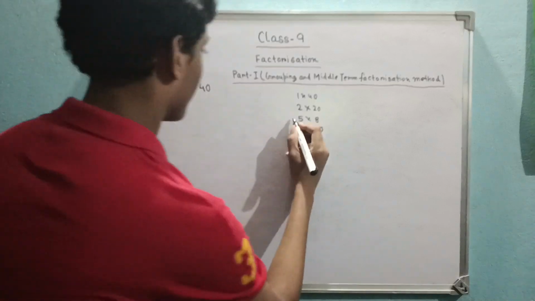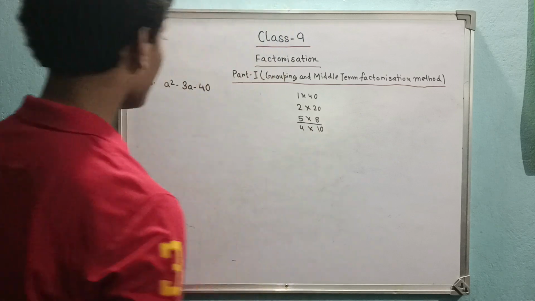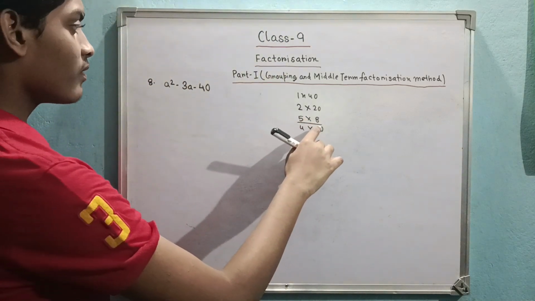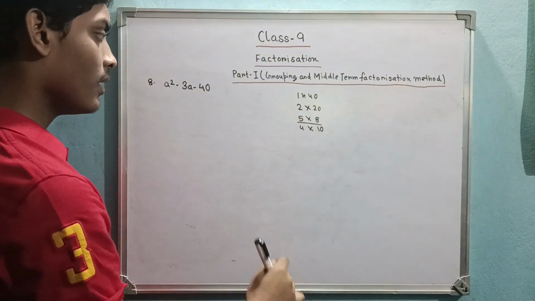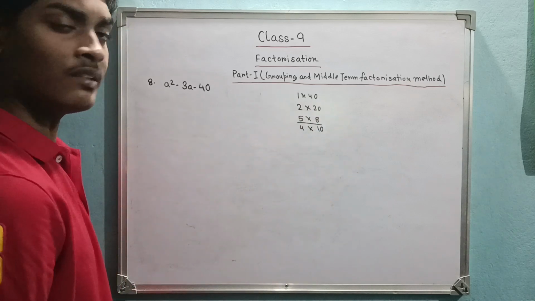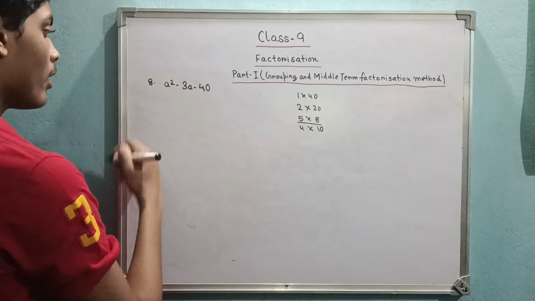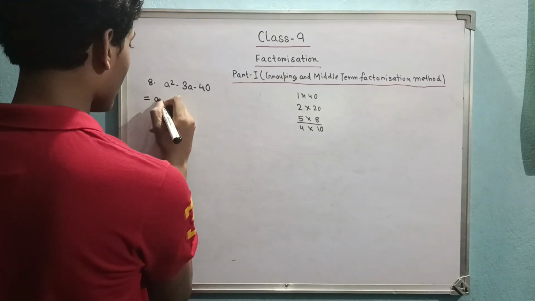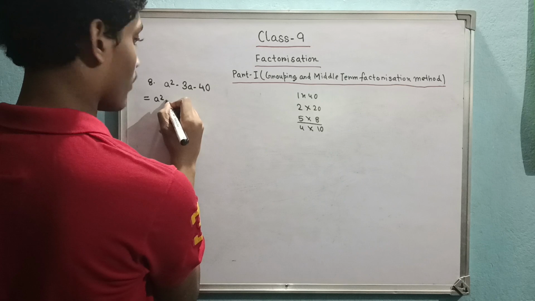See this guys, 5 into 8. What is 5 minus 8? It is minus 3. And 5 into minus 8, what is it? Minus 40.